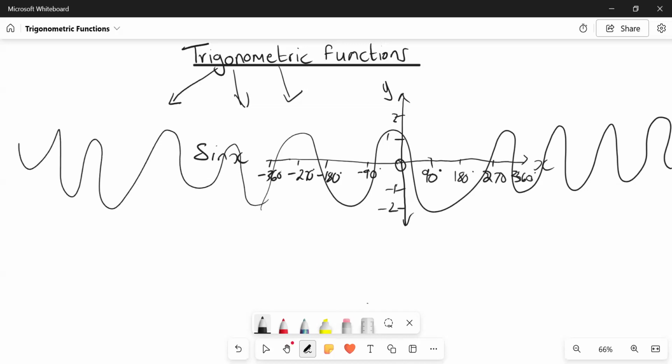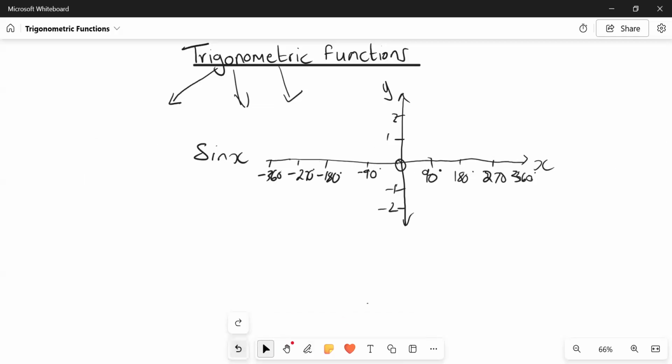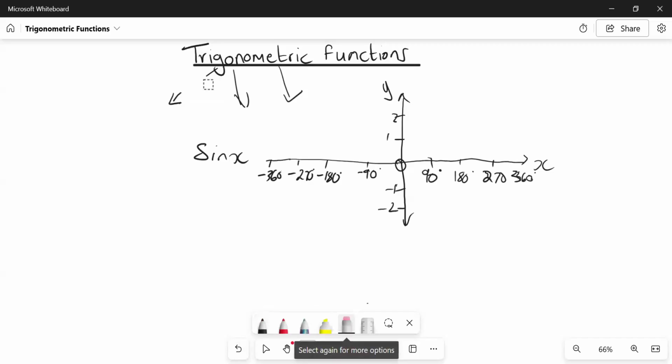It won't stop unless the teacher gives you a restriction to say, okay, I want your graph to start at this point and stop at this point. Now let's introduce the restriction.